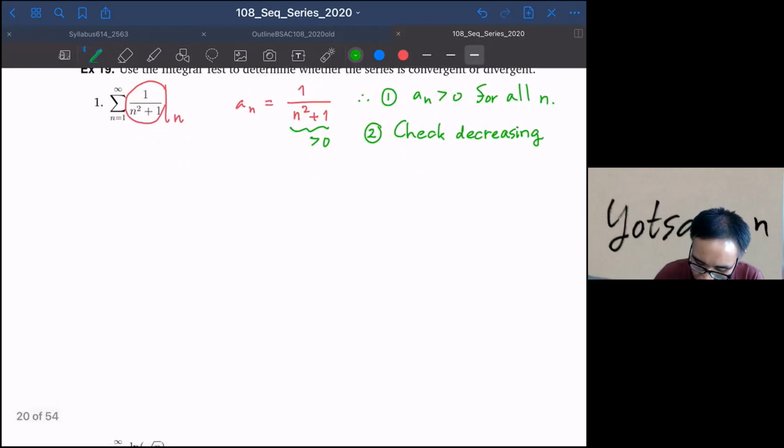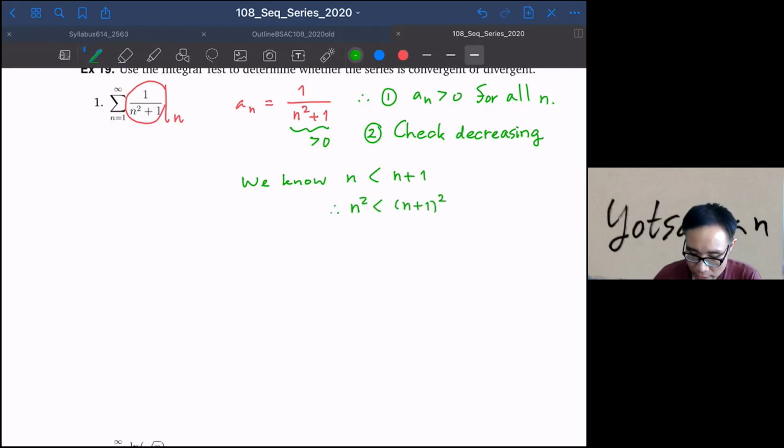We know n is less than n plus 1. So you have n squared less than n plus 1 squared. So you get n squared plus 1 less than n plus 1 squared plus 1.